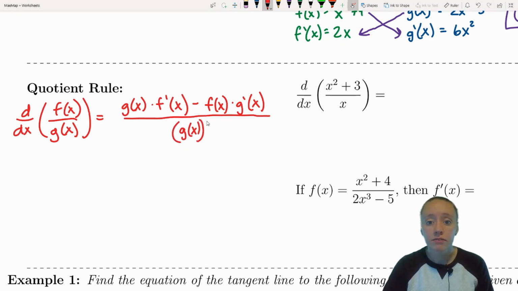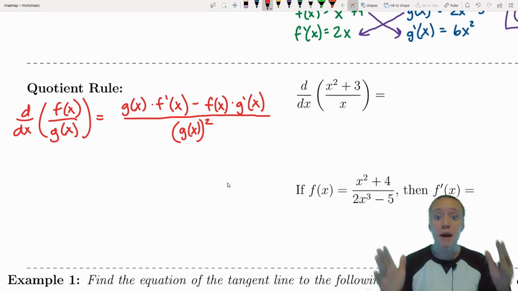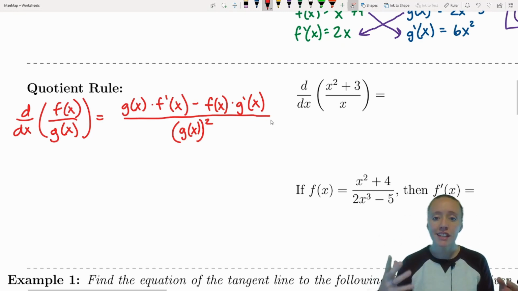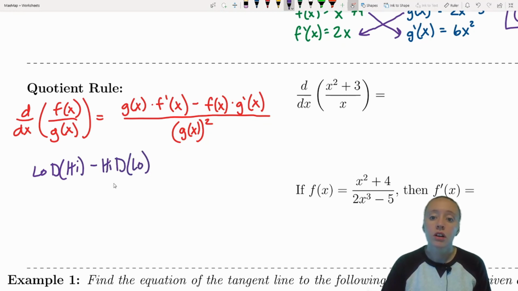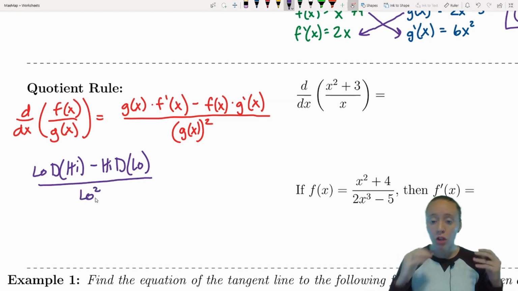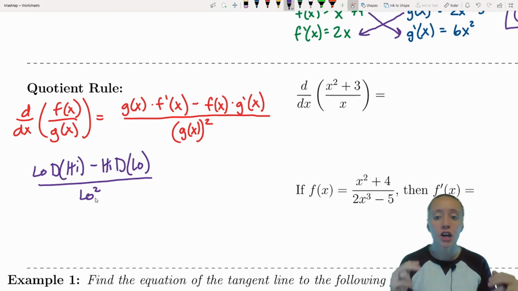Now you may be looking at this and thinking, how will I memorize this? Here's a fun saying that you may have heard before. Low d high minus high d low all over low squared.